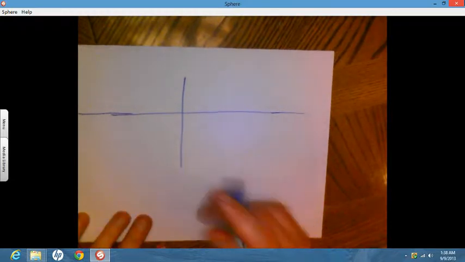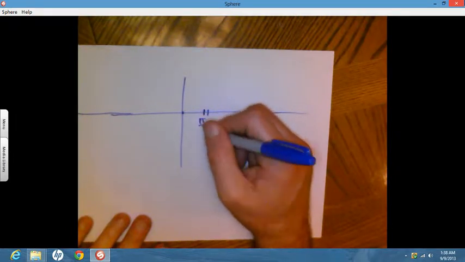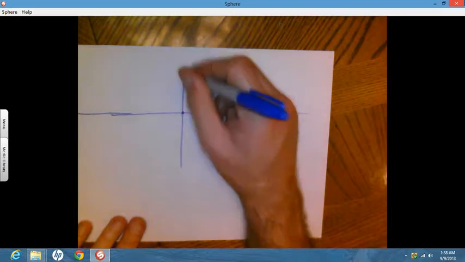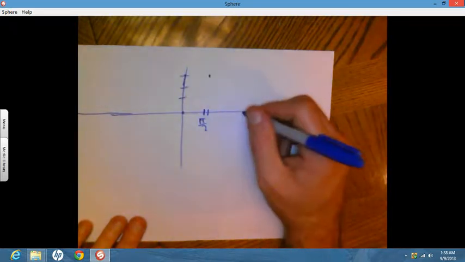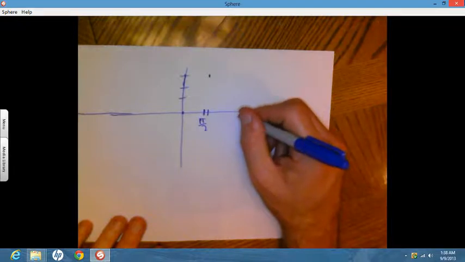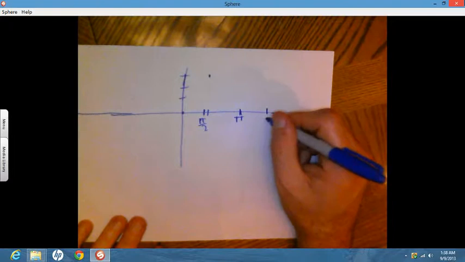So it's up here. At pi, it was still 0. At 3 pi over 2, the value of the function was negative 3. And at 2 pi, the value of the function was 0 again.